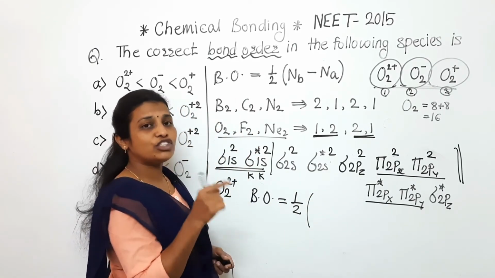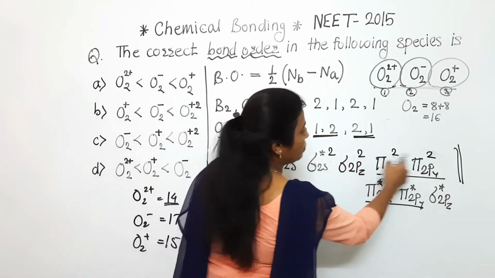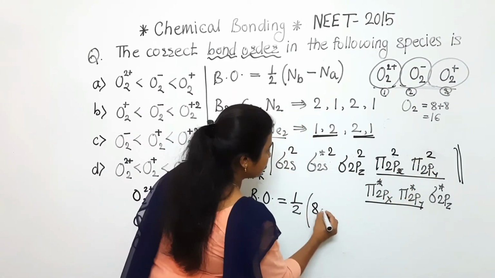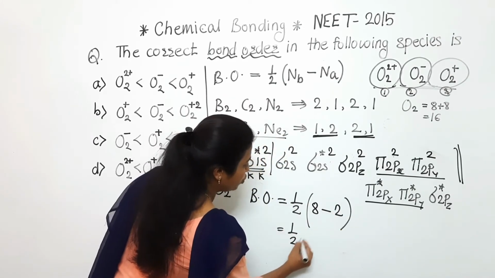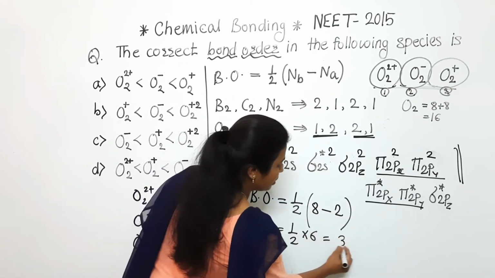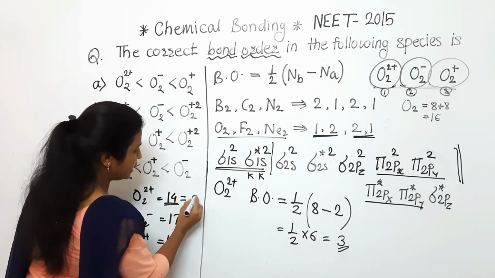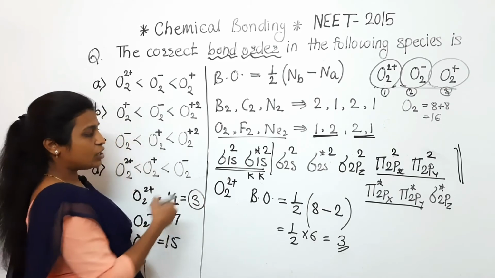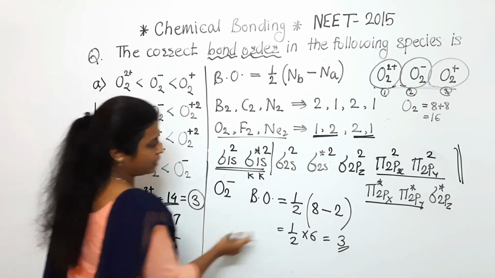Bonding means those without a star. So here 2 plus 2 is 4, plus 4 is 8, minus 2 electrons. So here 1 by 2 into 6, that is nothing but 3. It means for O2 2+ the bond order is 3. Clear to everyone?